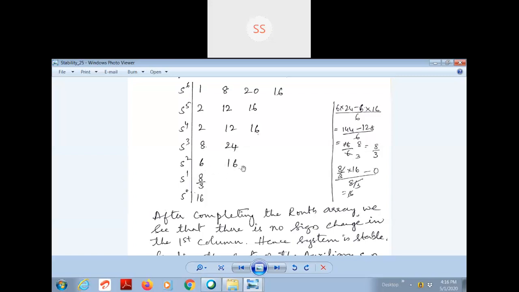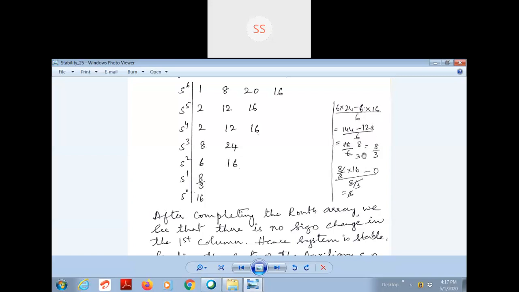That is the s square row. Coming down to the s to the power of 1 row, you have to multiply these terms: 6 into 24 minus 8 into 16, divided by the first term of the row, that is 6.